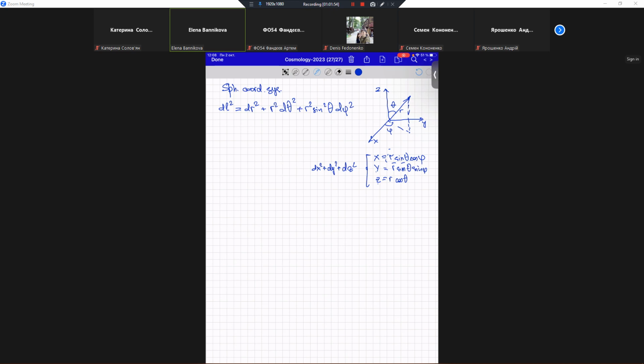Again, if we put the components of the metric tensor, we see that there are only diagonal elements. g_rr equals which value?